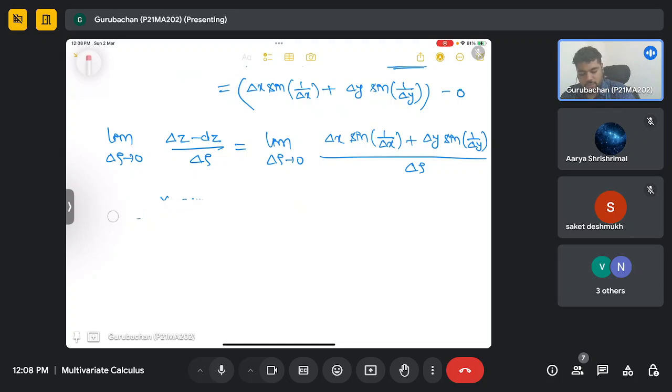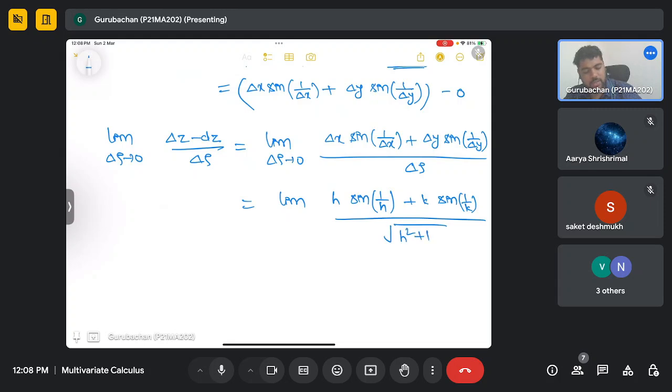Before that, we can replace delta x by some h and delta y by some k. So we have h sine 1 by h plus k sine 1 by k, divided by the square root of h square plus k square, where h square plus k square tends to 0. So this is our function.